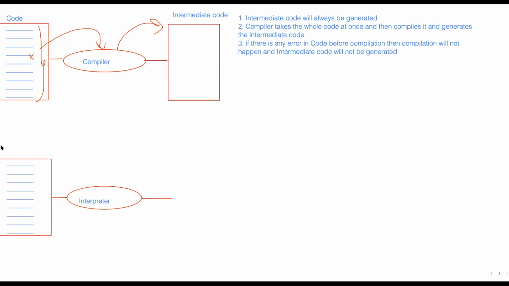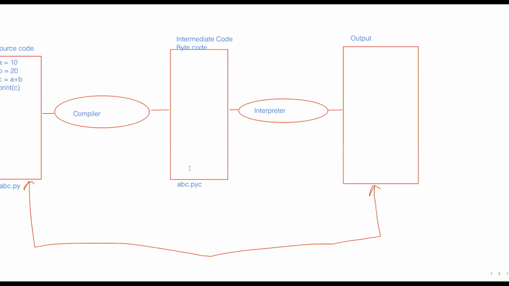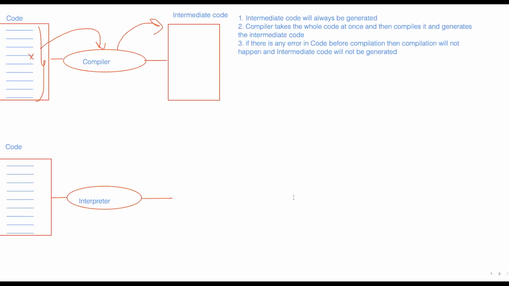Now, interpreter. Again, I'm talking about it in general. I'm not talking about the source code and intermediate code, so don't link this particular slide with the previous slide. In general, how compiler and interpreter work and what is the idea behind that. An interpreter interprets the code. Point number 1, it does not generate any intermediate code, it directly gives you the output.